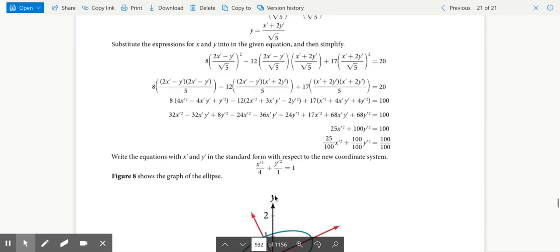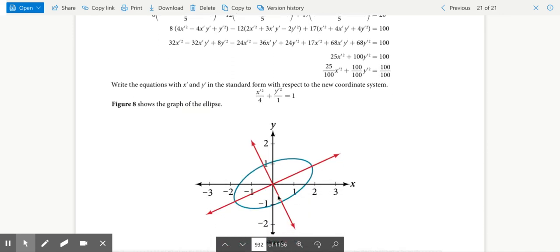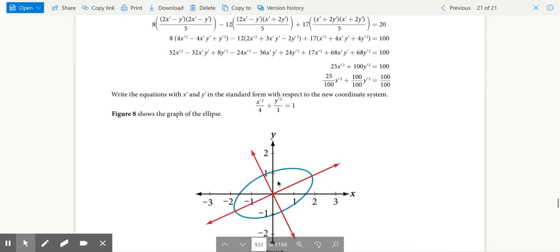And once again, this is an ellipse. That does not look like a 45-degree angle. I suppose it could be, but it looks like less than 45 degrees. Oh, this is the other example. This wasn't 45 degrees. So we never actually found out what 2 theta was. So this is fine.